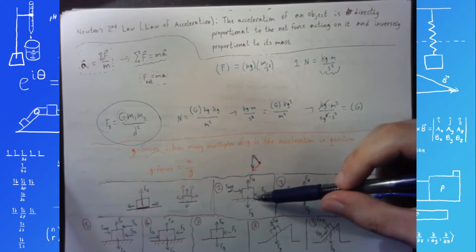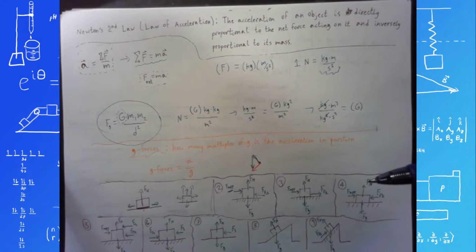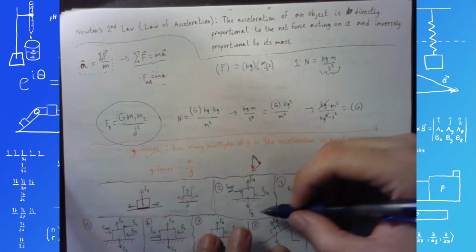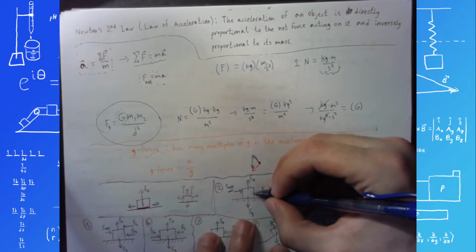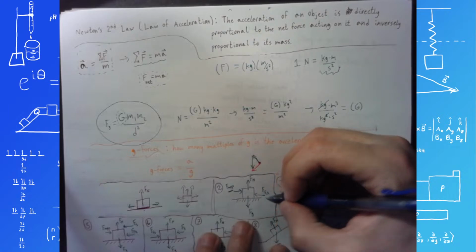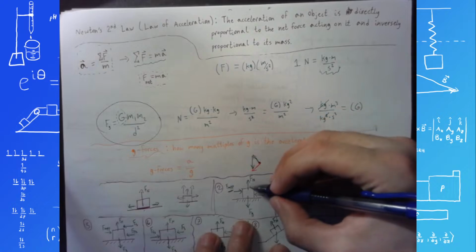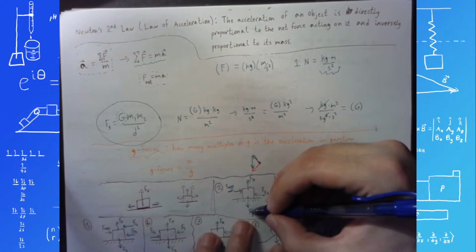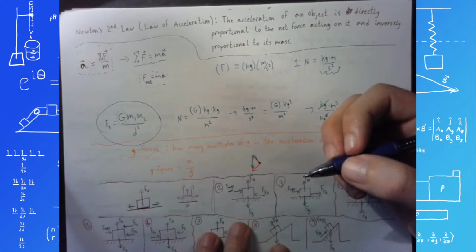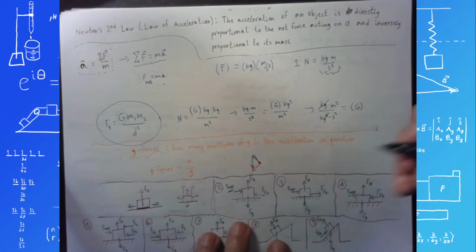In order for Newton's second law to work, the normal force has to equal the gravitational force, because you've never in your life pushed a box along the ground and seen it magically accelerate upward into the air or downward digging a hole into the ground. That just doesn't happen in real life most of the time.